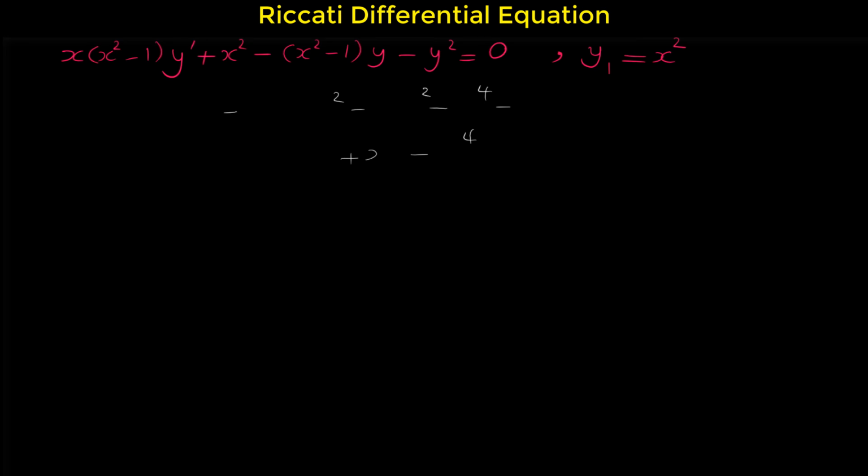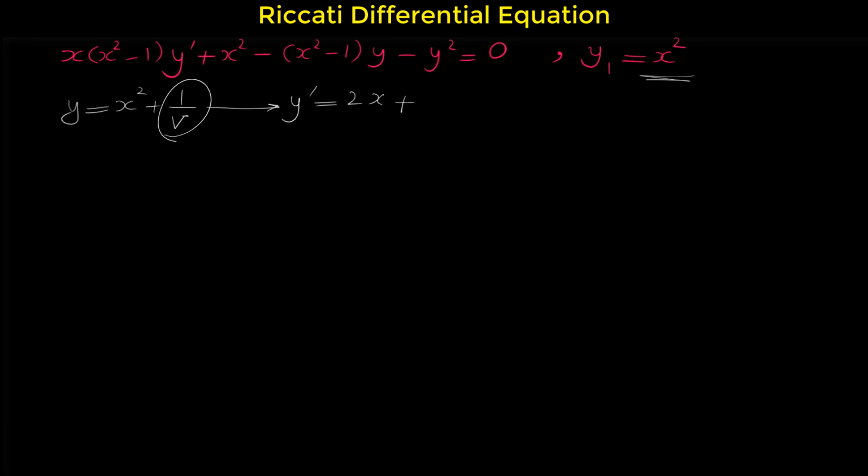Now we want to find the general solution. So first we suppose y, the general solution, to be y1 equals x squared plus 1 over v. Y prime equals 2x plus the derivative of 1 over v, which is negative v prime over v squared.